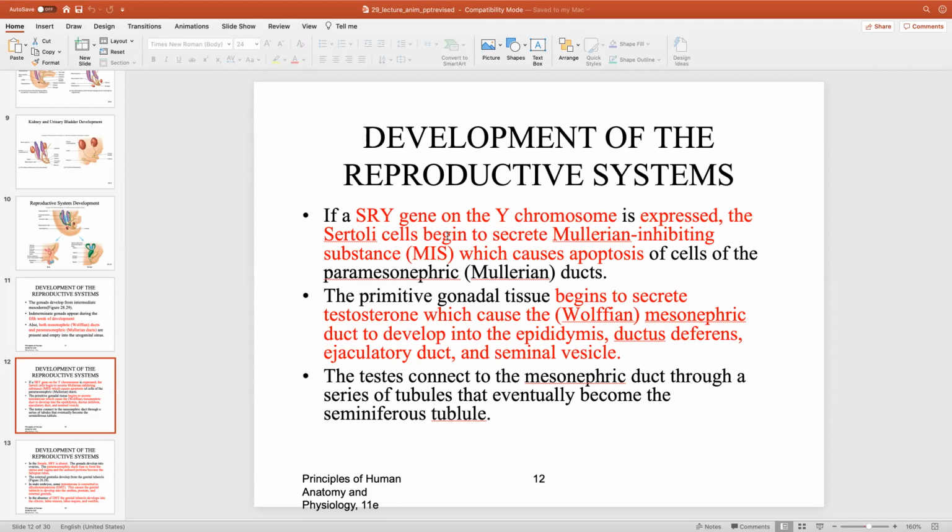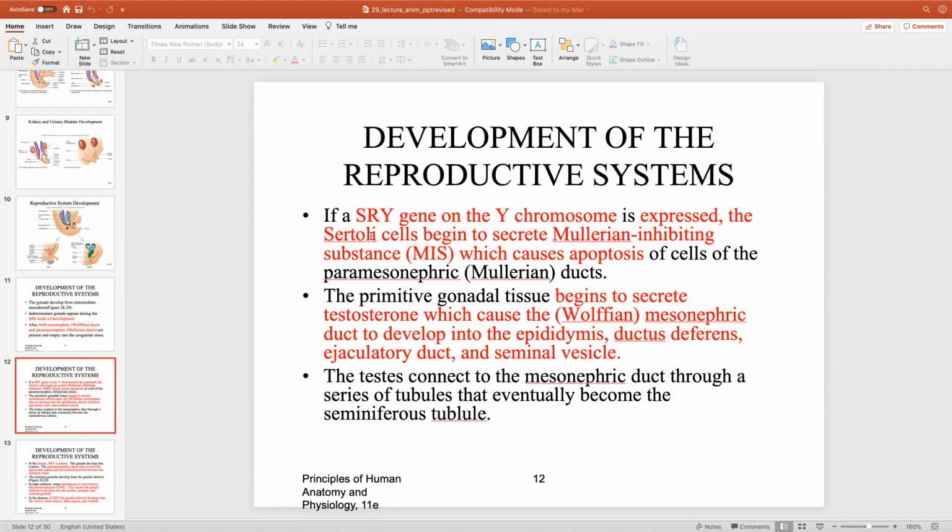So what happens? Since males have the Y chromosome, there's a specific gene called the SRY gene, right? It's the sex determining region. This gene is on the Y chromosome only, and it activates in utero. In the process of activating, it activates the Sertoli cells.